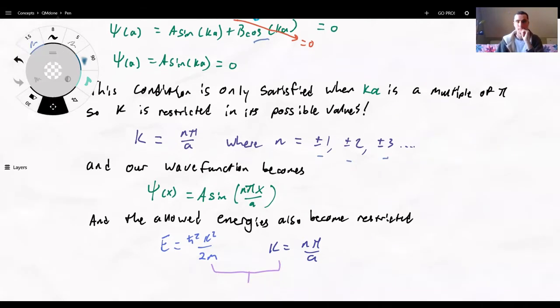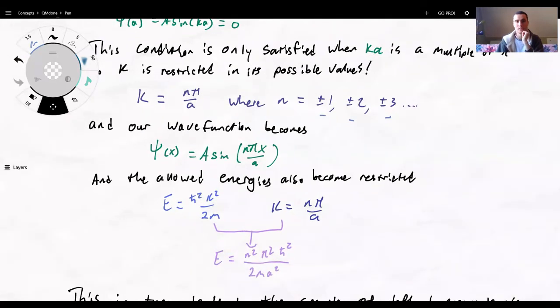So if we apply that, our wave function for the particle in a box becomes psi of x is equal to some constant, capital A, times sine of n times pi x over a. Where, of course, n is plus or minus 1, plus or minus 2, plus or minus 3.